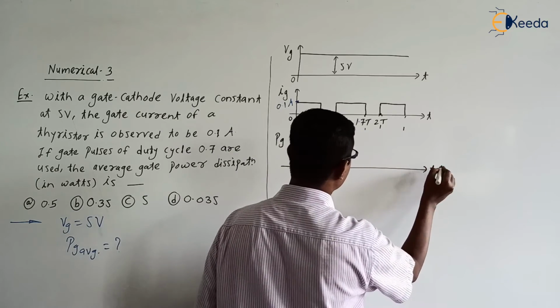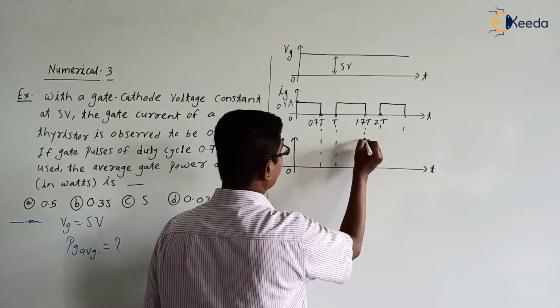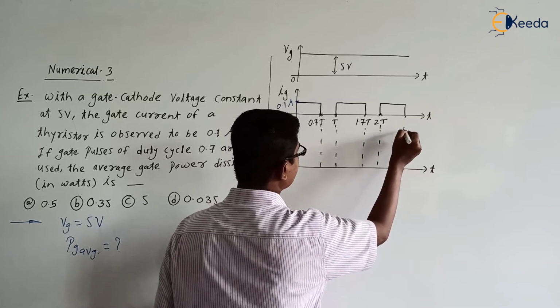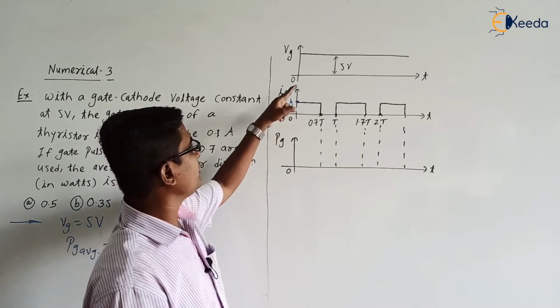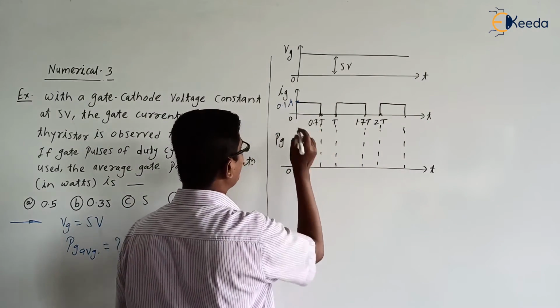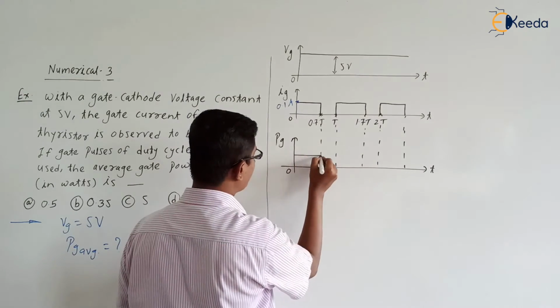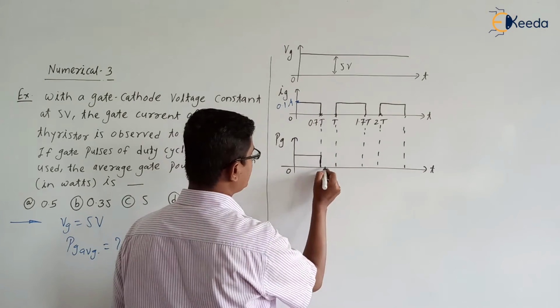So we can draw Pg, which is equal to Vg into Ig. If you check, it is 0.1 and it is 5. So during this interval it is 5 into 0.1, so it is 0.5, right? Again 0. Here 0 into 5, so it is 0.